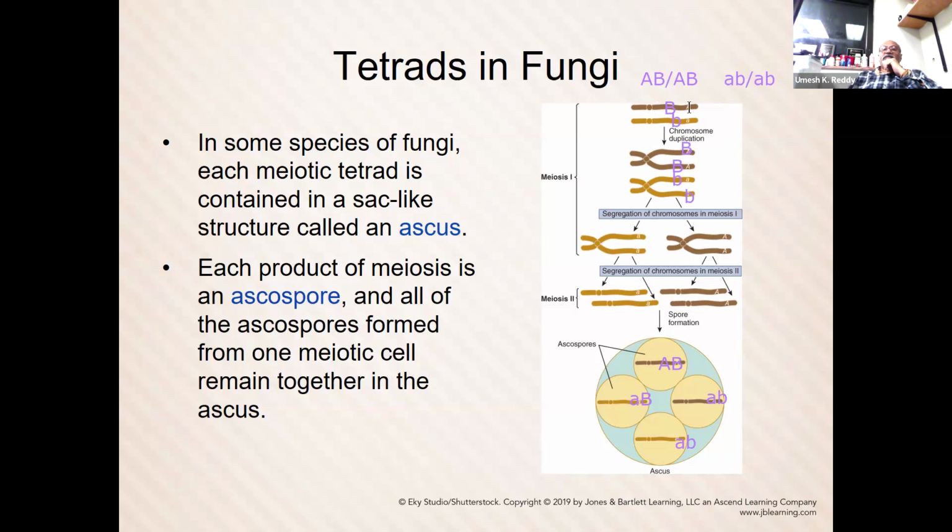Because initially the one parent had capital A, capital B, because they are haploids. One chromosome is enough. The other chromosome coming from the other parent had small a, small b. You mated them. In the zygote they came together. Each chromatid made a full chromosome. Okay. So one chromosome has capital A, capital B. This chromosome also capital A, capital B. This one had small a, small b, small a, small b.